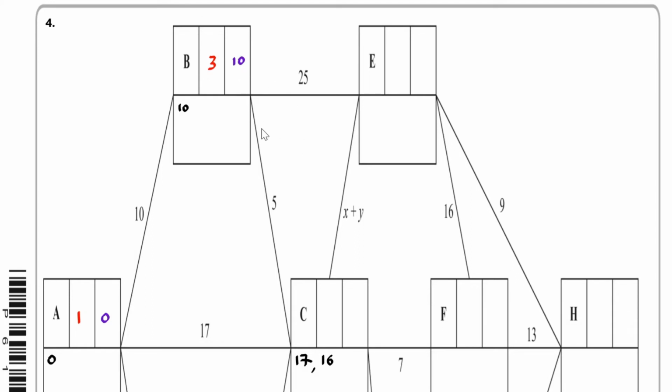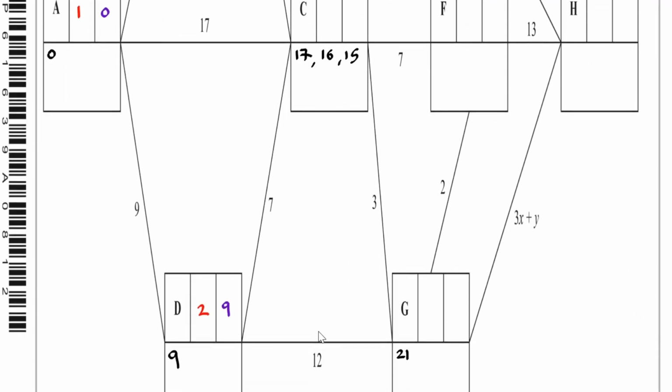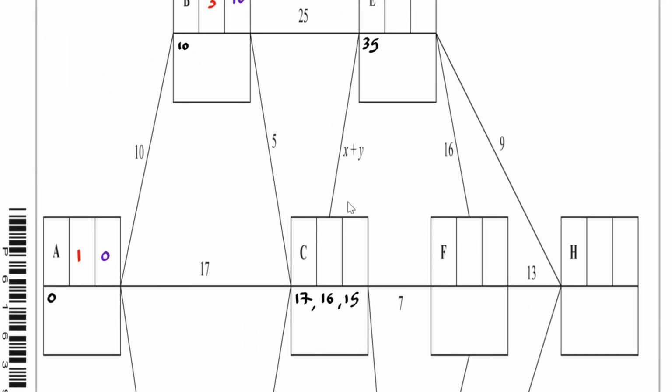Now 10 plus 25, that's 35. 10 plus 5, that's 15. And out of the 35, the 15 and the 21, the 15 is the smallest, so we carry the 15 into this box and we assign C with the number 4.